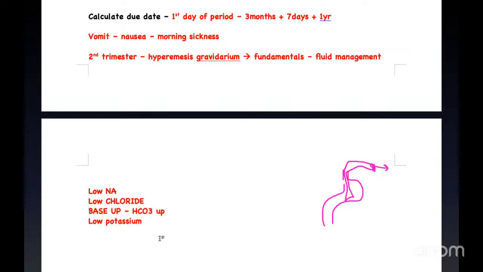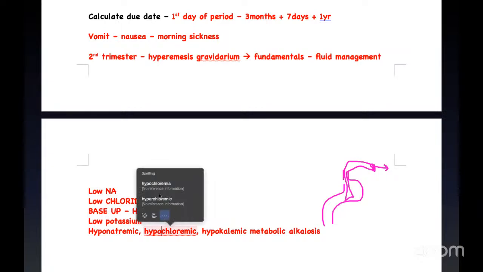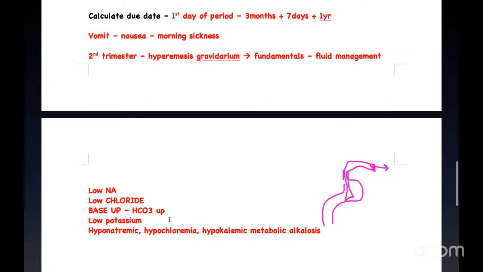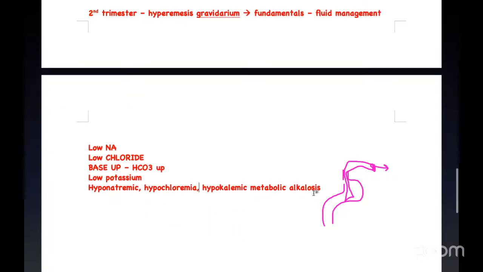So this is what we call hyponatremic, hypochloremic, hypokalemic metabolic alkalosis. This is like somebody who has an NG tube, the same thing. This is the same electrolyte imbalance you should be comfortable with.